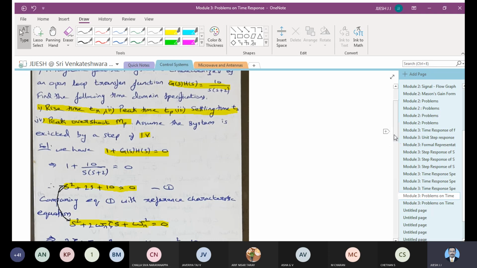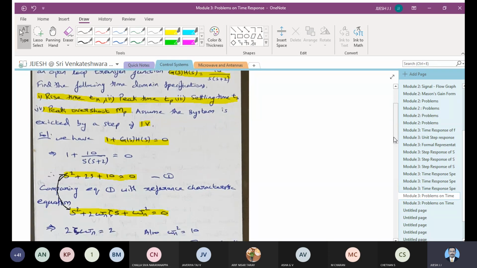Till there all of you will get it. You just simplify till there, and then we will continue further. So you got omega n square is equal to 10, you got omega n, you can substitute and get zeta. So from this equation you can get omega n, and after getting omega n, you can substitute in this equation and get zeta.